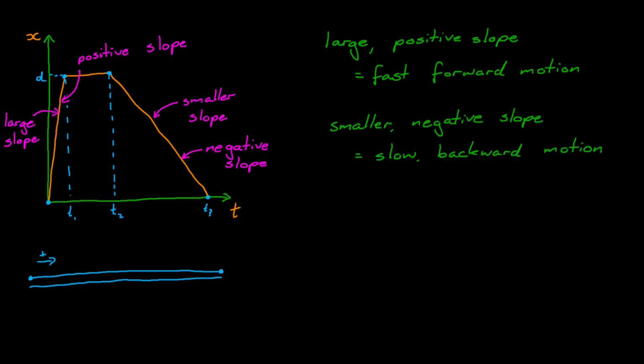To summarize this, we've interpreted a large positive slope to mean fast forward motion, and a smaller negative slope means slow backwards motion. We can also see here that we had a 0 slope, and we have interpreted this 0 slope as being no motion, the particle being stopped for that time period.